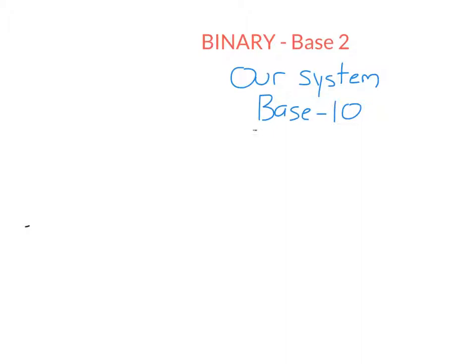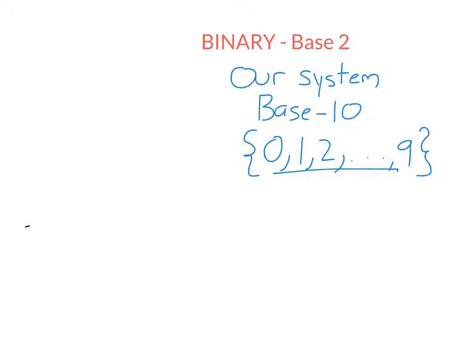Base 10 has 10 symbols: 0, 1, 2, all the way up to 9. All the numbers that we write are combinations of these 10 symbols. We do that for simplicity, so we don't have a different symbol for each number. So how, if we only have 10 symbols, are we going to write a number like 1,000,000?